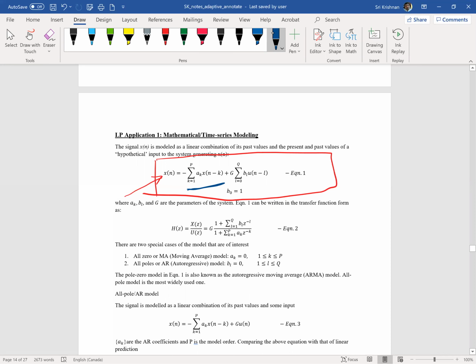You are assuming u[n] to be a hypothetical input to the system. If I put the block diagram of this, we are assuming there is a hypothetical input u[n] going into the system, and that's generating your signal x[n].